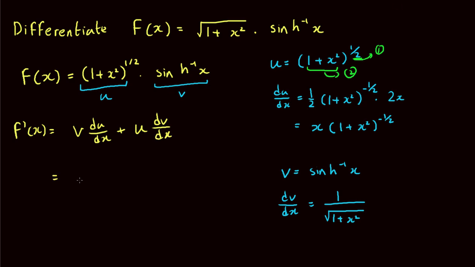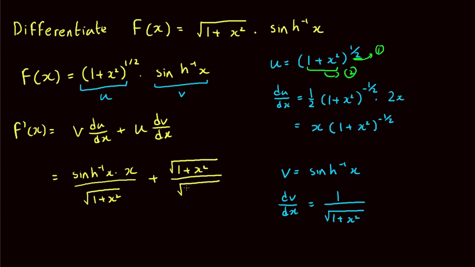So it would be sine hyperbolic inverse multiplied with x over the square root of 1 plus x squared, plus u, which is the square root of 1 plus x squared, times dv over dx, which is 1 over that.